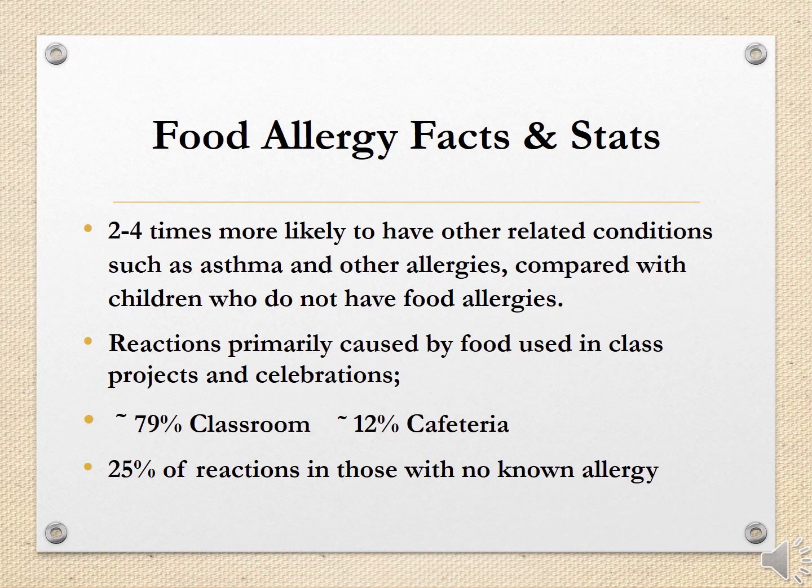About 79% of reactions that have taken place in school have taken place in the classroom, and about 12% of reactions on school campus have taken place in the lunchroom. 25% of reactions occur in those with no previously known allergy. Food allergies among children increased by 50% between 1997 and 2011, according to a 2013 study released by the Centers for Disease Control and Prevention.